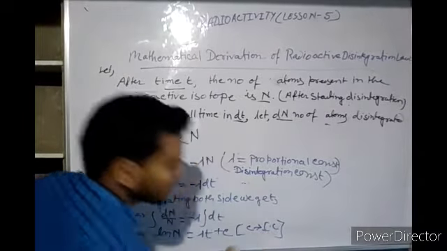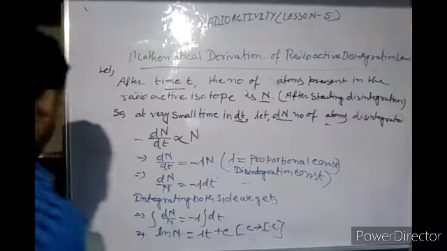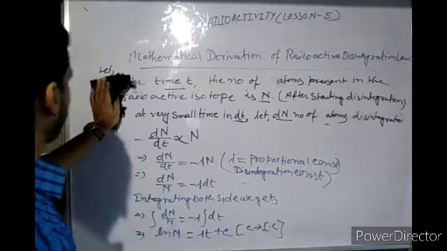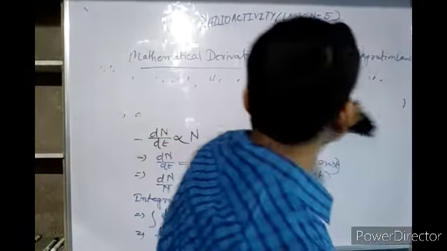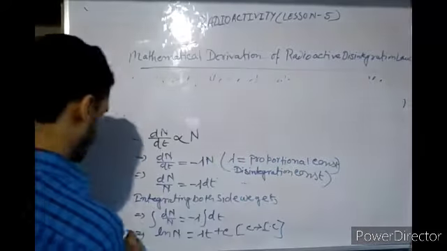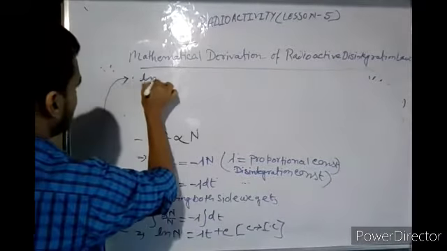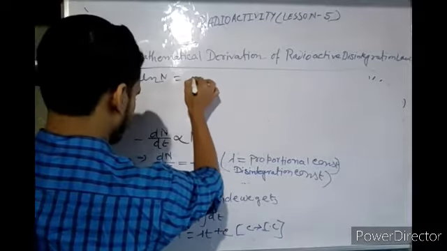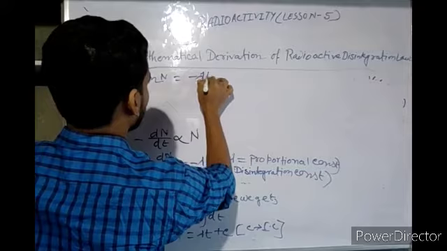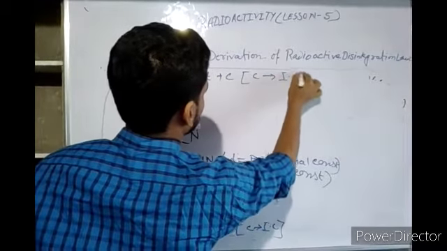So ln N equals minus lambda t plus C. Equation 1.